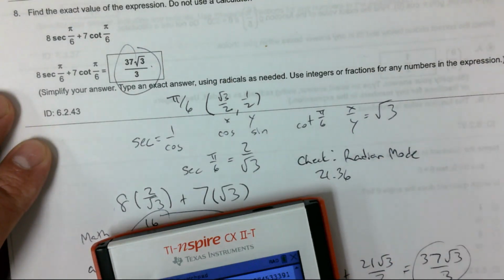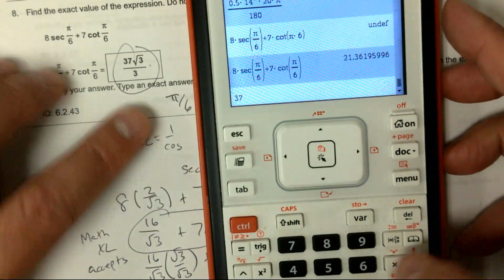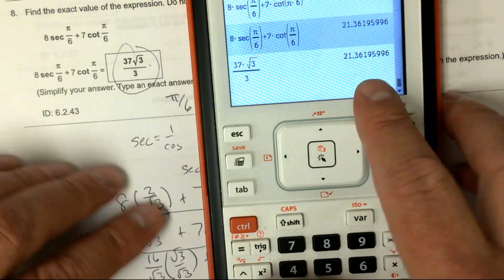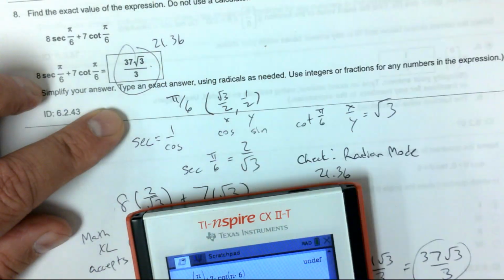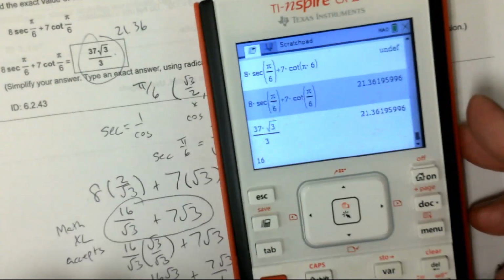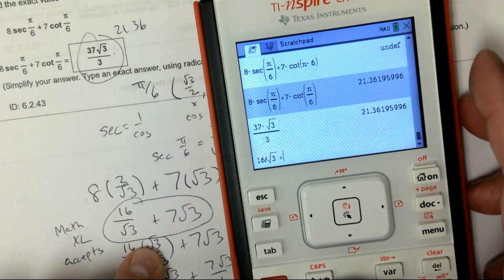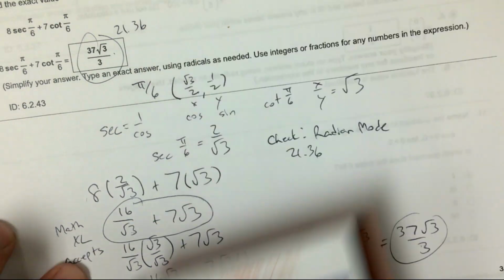And then when I do 37 square root of 3 over 3, I get the same thing. And when I do 16 divided by square root of 3 plus 7 square root of 3, I also get 21.36.